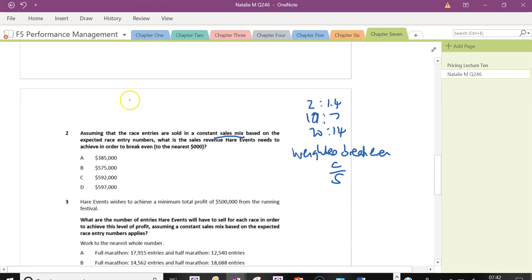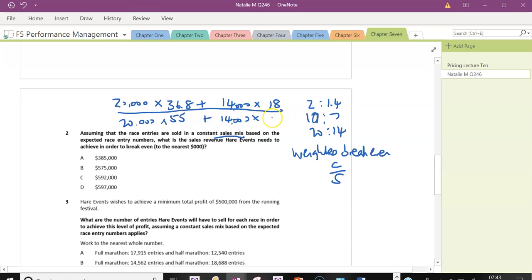You could find the contribution for 20,000 units and multiply that by 36.8, plus 14,000 times 18, divided by the total revenue. You could go this long route, which is fine. There's nothing wrong with that.